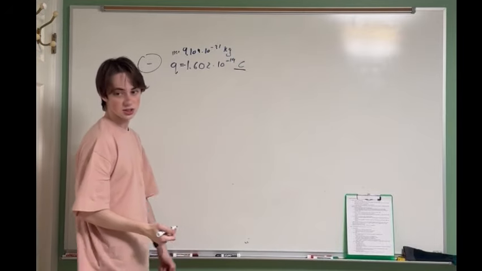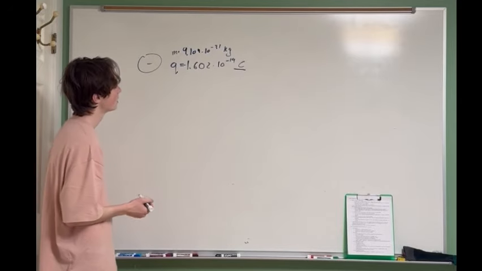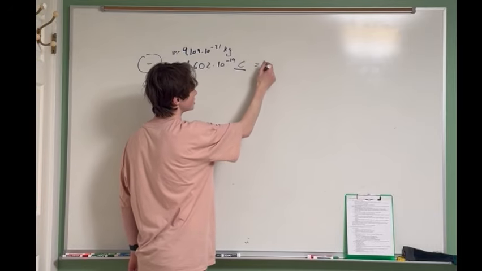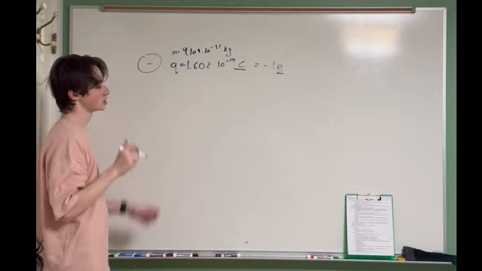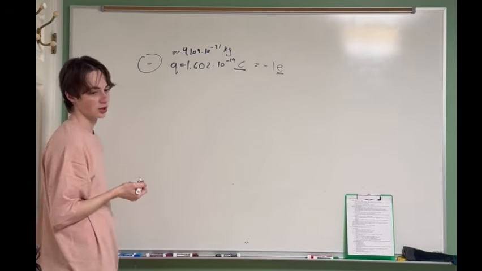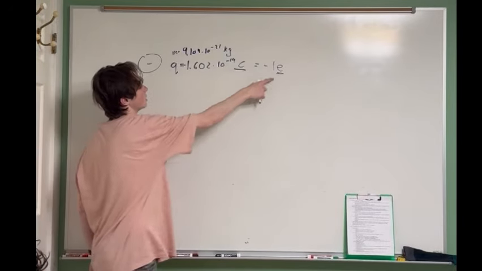Coulombs is the SI unit of charge. The charge of an electron is also sometimes called negative 1 e. e represents an elementary charge, the smallest amount of charge that can possibly be transferred because it's the charge of one electron. It's not Euler's number, that's just a constant that equals this.